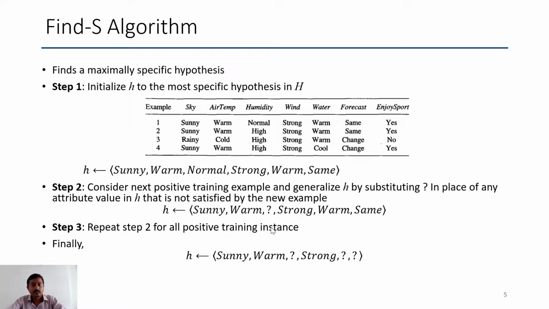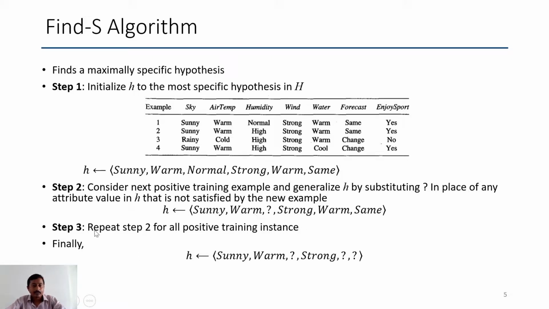As you can notice, we are ignoring the negative training instances, but if you think about it, our hypothesis is actually consistent with the negative examples also, right? That's why we need not consider negative training instances.